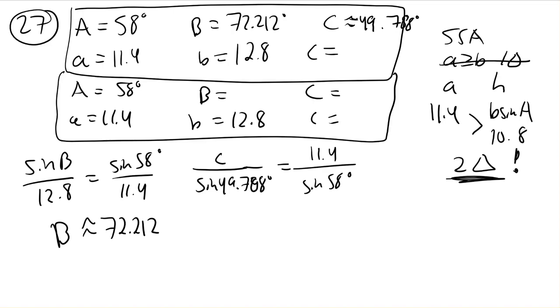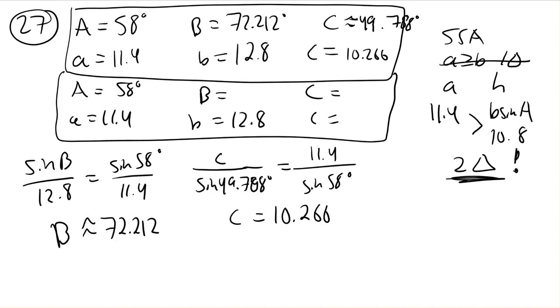So in my calculator, side C is going to be 11.4 times the sine of angle C, which I have stored in my calculator so it's not rounded, divided by the sine of 58, and C is 10.266. So I think I'm done with the first half, but since I've done all that work, I should make sure biggest angle opposite biggest side checks, smallest angle opposite smallest side checks. Helps me catch my mistakes like typing the wrong button in the calculator.